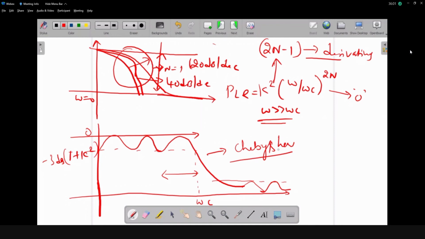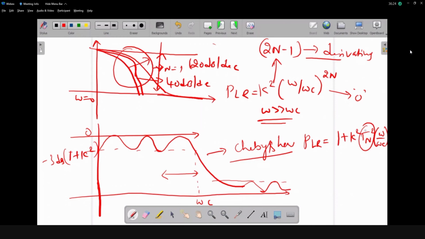Okay, so here the insertion loss, for the nth order low pass filter, the insertion loss or power loss ratio can be defined in terms of polynomials, that is 1 plus k square into Tn square (omega by omega c). This Tn is nothing but a polynomial.